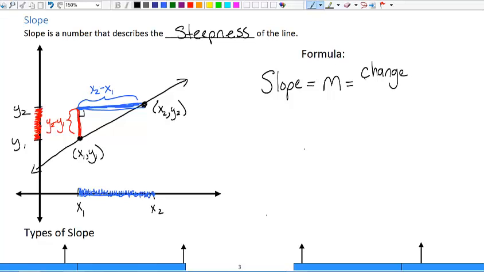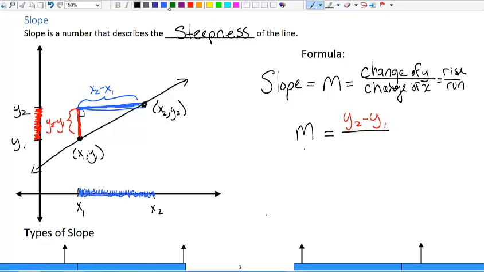And what we're going to do is take the ratio of the change of y over the change of x, which another way we say that is rise over run. Rise over run. How far did you rise in red versus how far did you run? So my formula, if I use x1 and y1 and x2 and y2, is going to be y2 minus y1 from the red distance divided by x2 minus x1 from the blue distance.